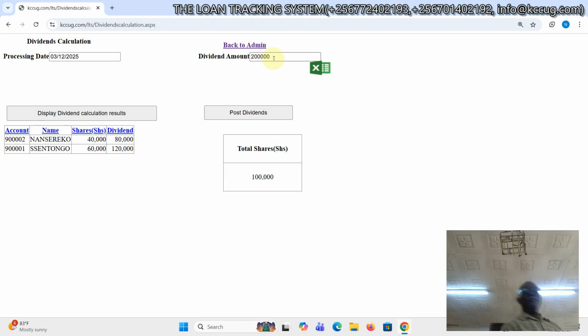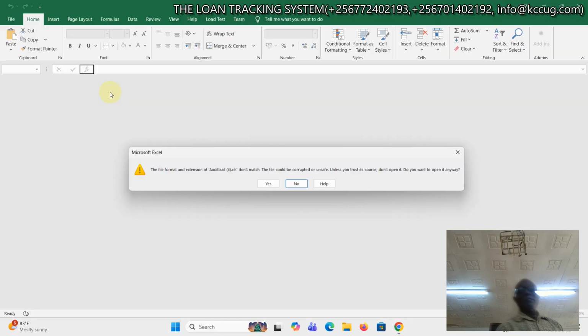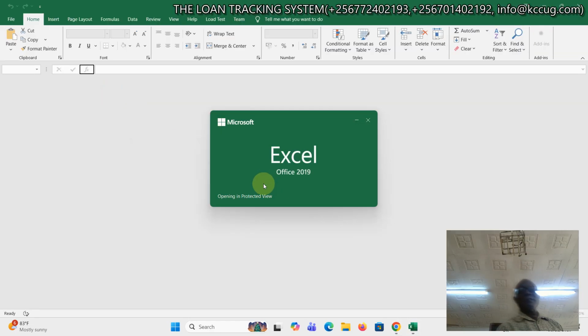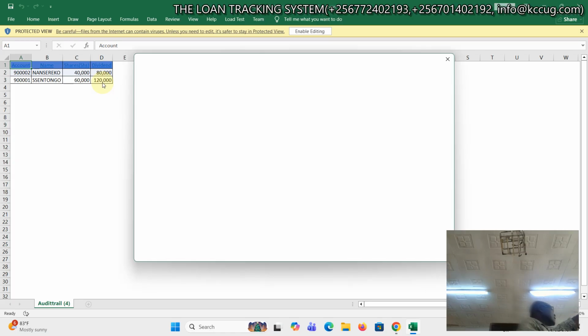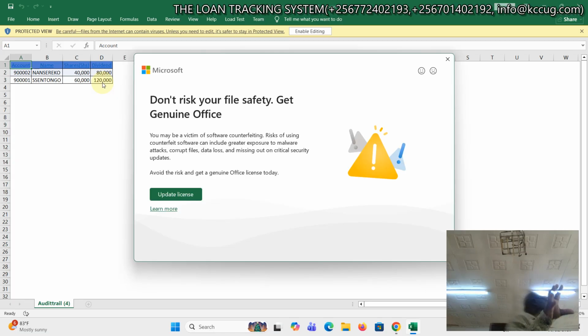So you have divided these 200,000 shillings. And I can see an Excel option. Maybe you can export this to Excel. That is our Excel sheet to show us how much each one is going to get based on their shares.